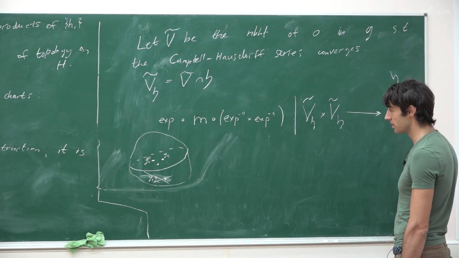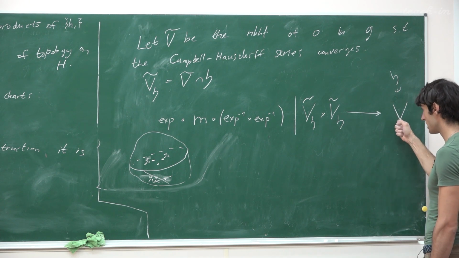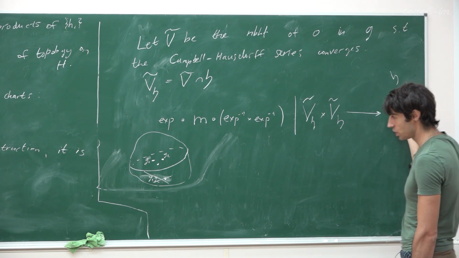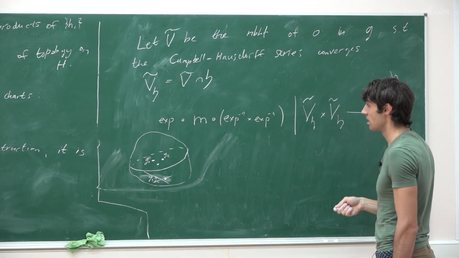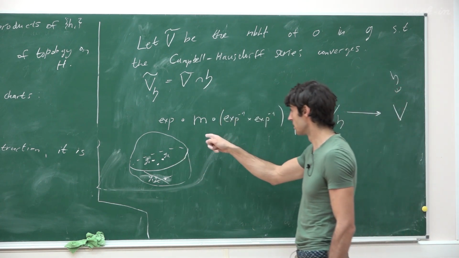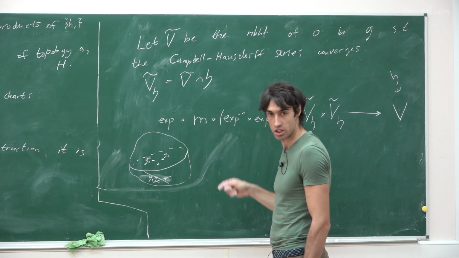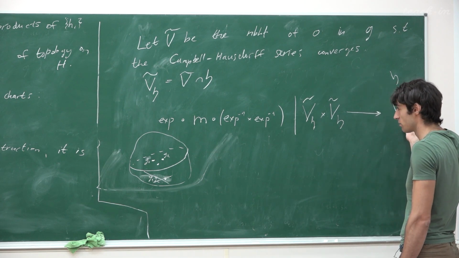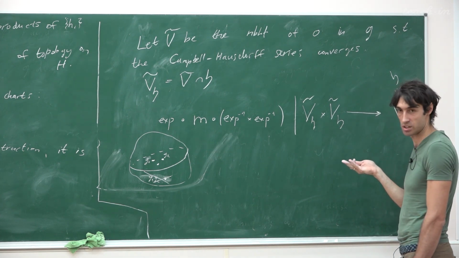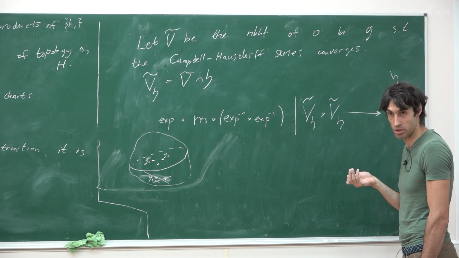And so the whole point is that this thing now is a chart of H, right? If we go outside, we might have no chart to check smoothness. That's the whole point.